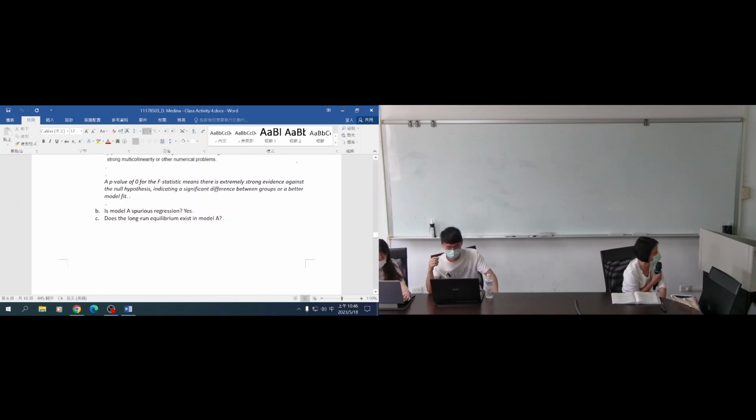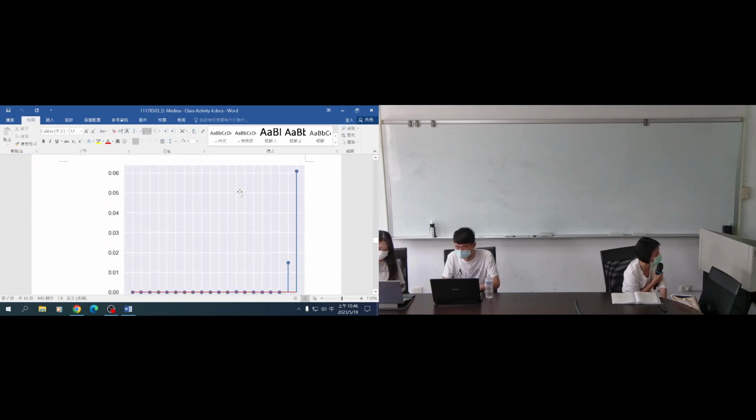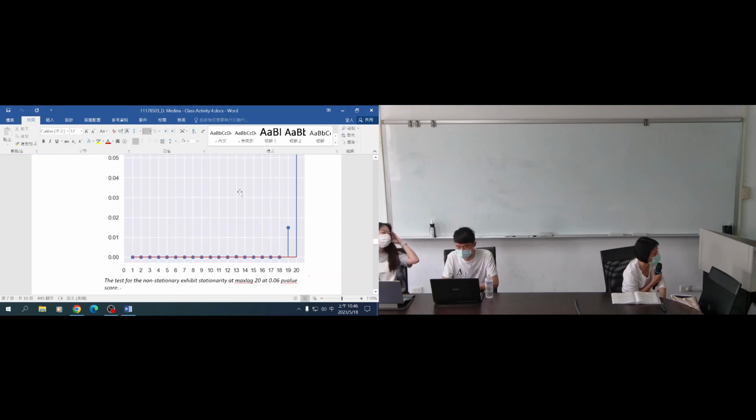But to see whether the model is spurious or not, we need to do the co-integration test. Did you do that? In the latter part.